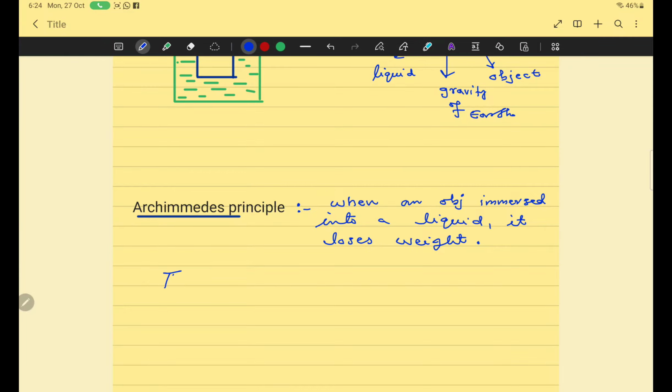And the loss of weight equals upthrust. I am saying two sentences. Number one, it equals upthrust.